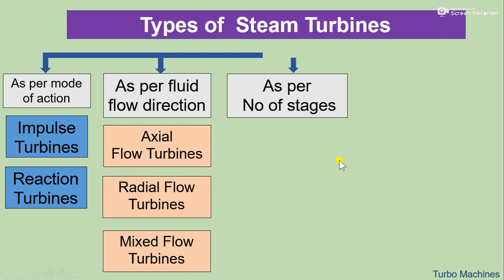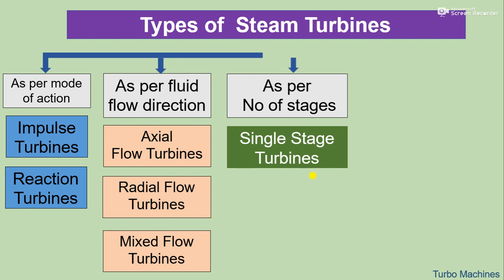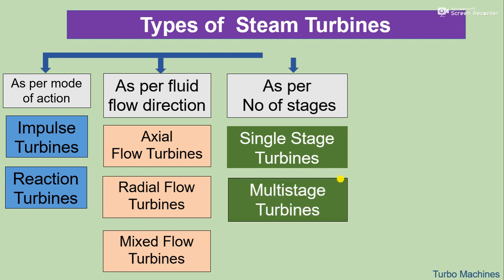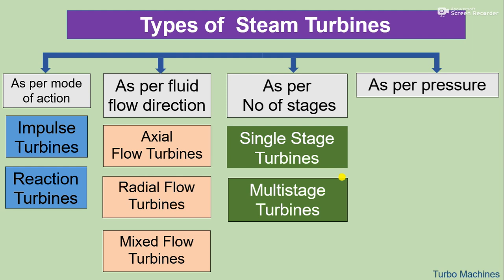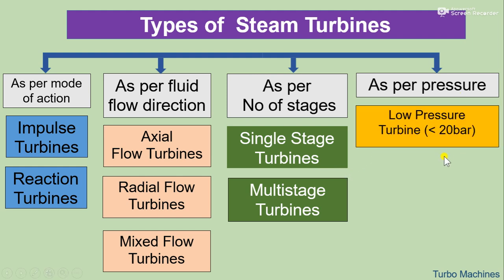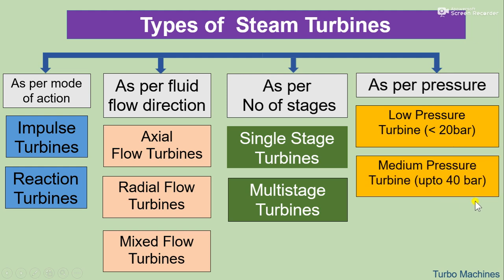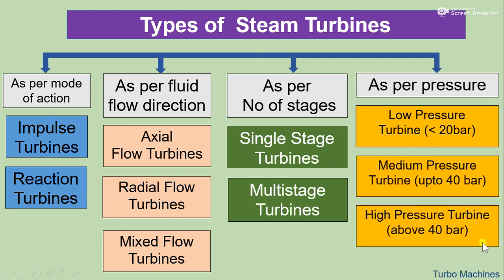As per number of stages, there are single stage turbines and multi-stage turbines. And as per pressure, steam turbines are classified as low pressure, medium pressure, and high pressure turbine.